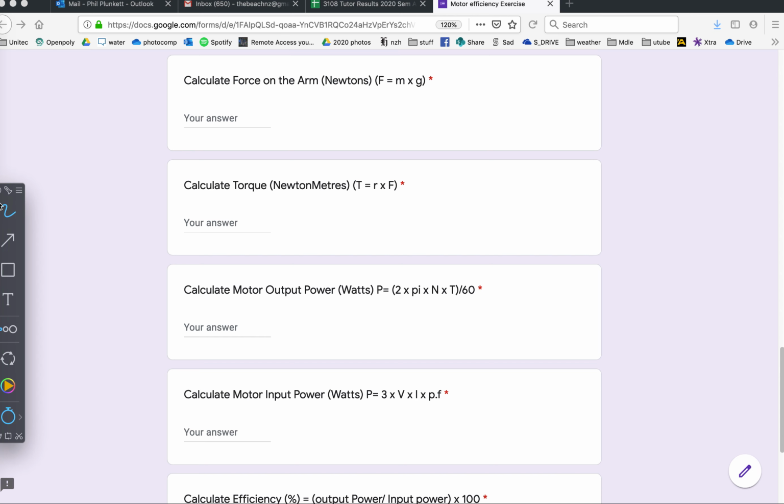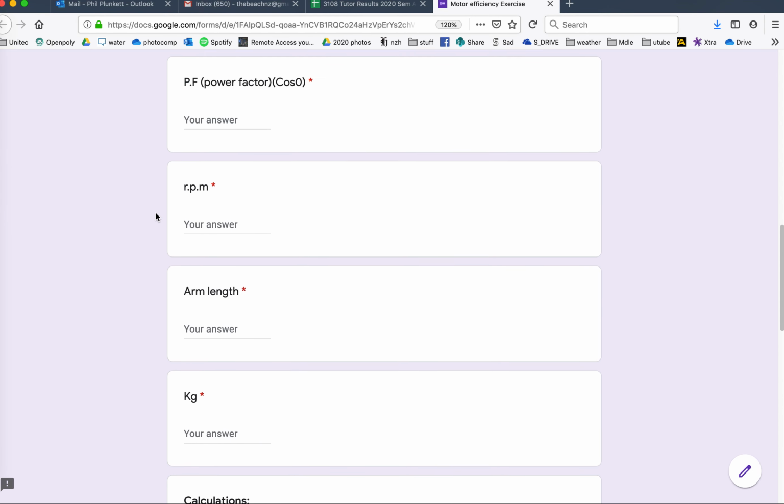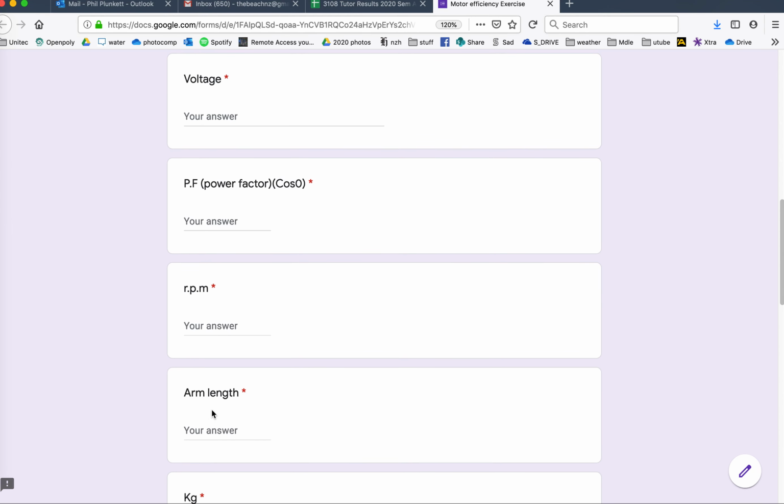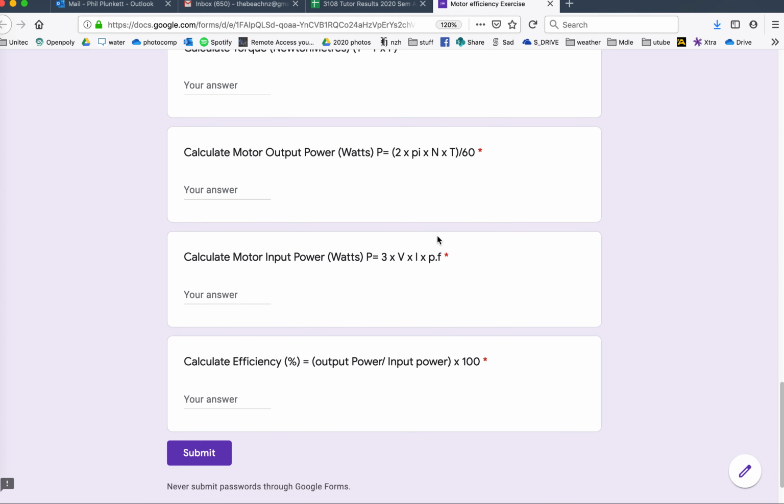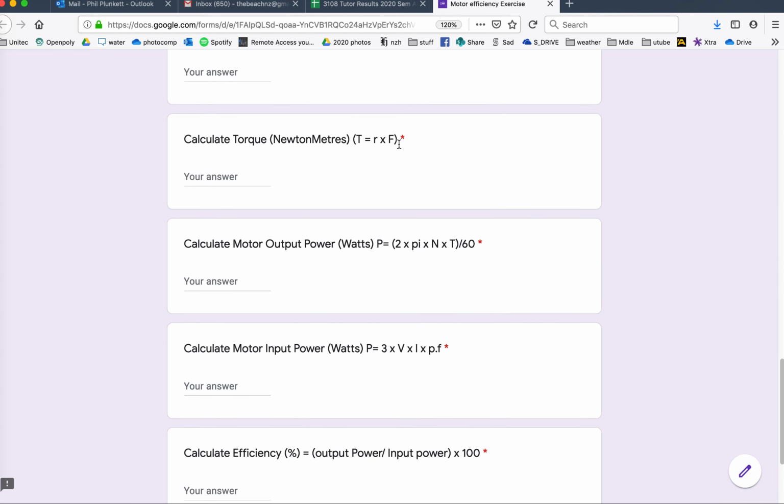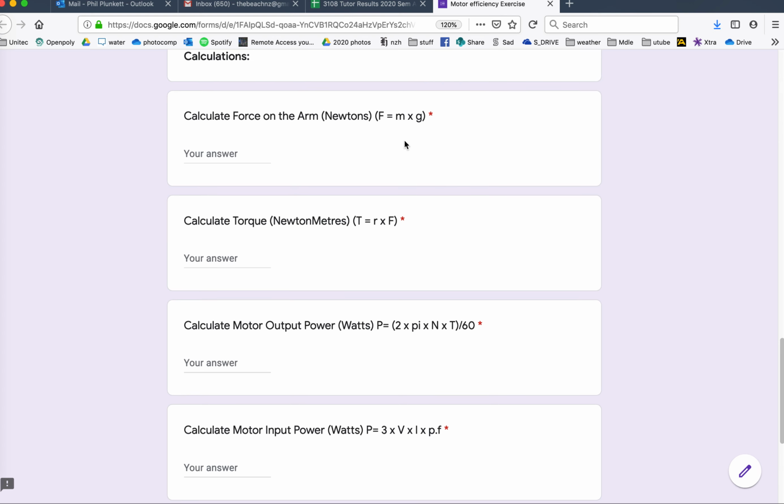So you got that number, right? The arm length goes in there. F, force. We don't know force yet, but we know the weight. Mass times gravity is force. Force equals mass times gravity. What's gravity equal? Gravity equals 9.81. Okay, there's our gravity.